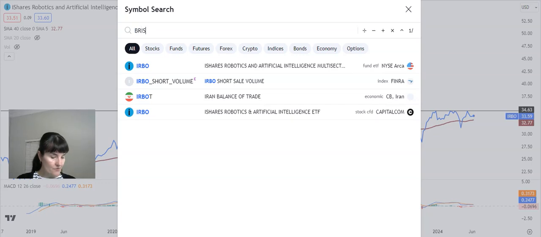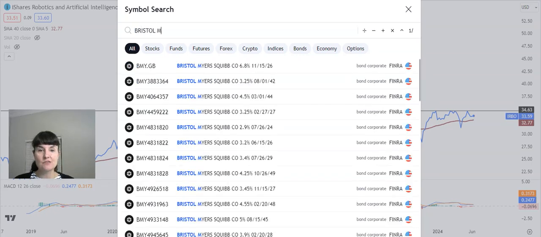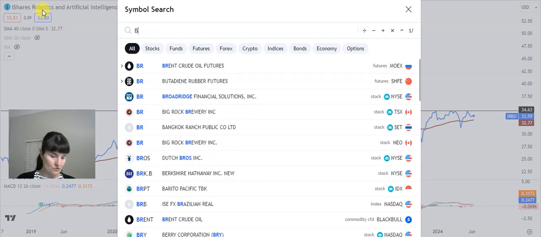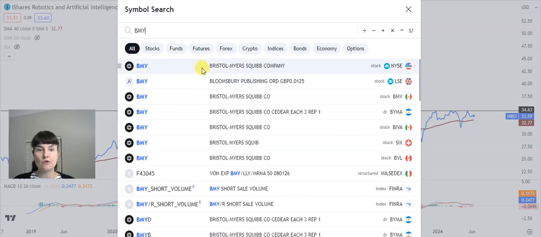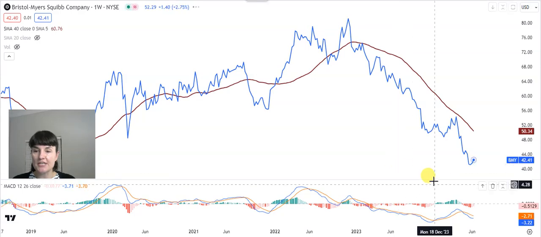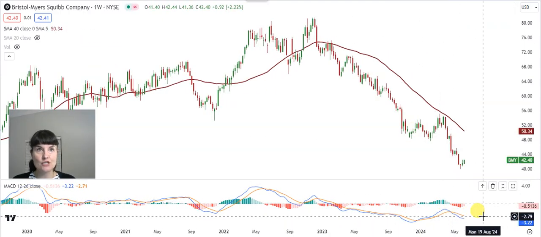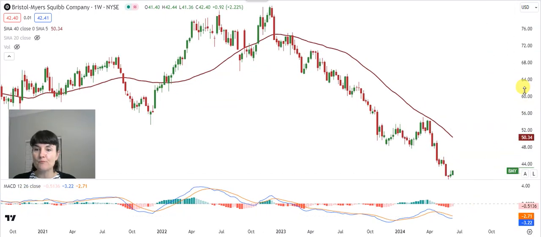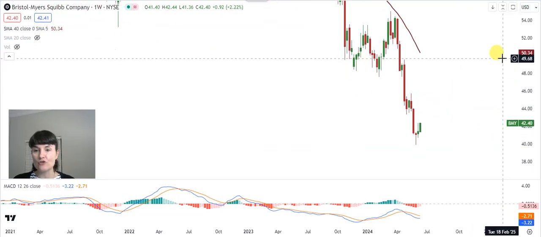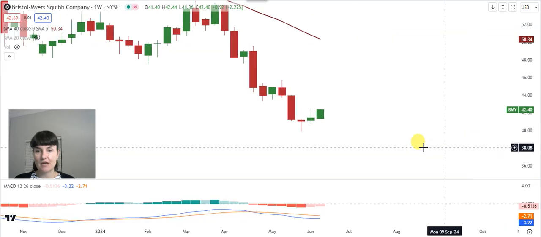Bristol Myers, beautiful example here as well. Listed on the New York Stock Exchange. I want to look at this candle graph. Again, my MACD hasn't confirmed yet, but a beautiful example of a dragonfly candle, right? I want to zoom out a little bit here.